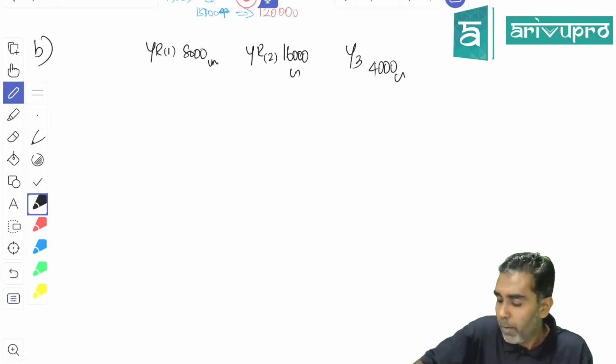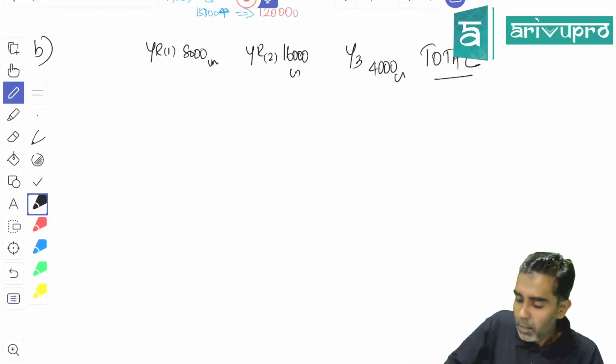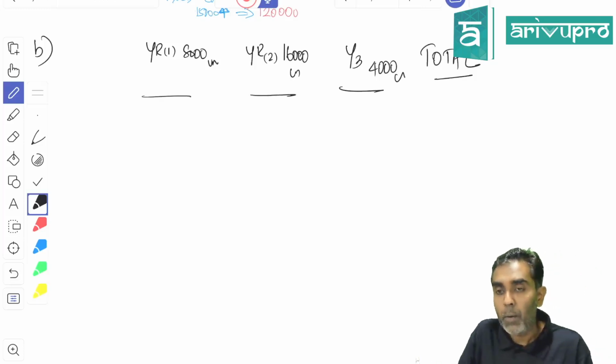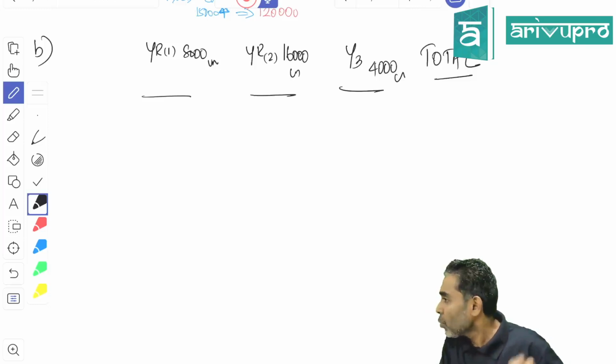Keep one more column for total. Now you can start off calculating profit. Sales minus all expenses. Then calculate the profit through the traditional method. Right?